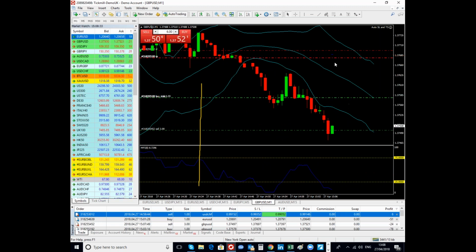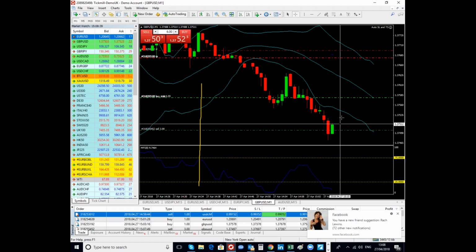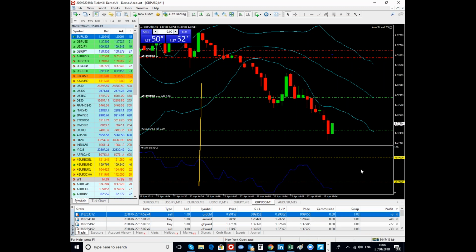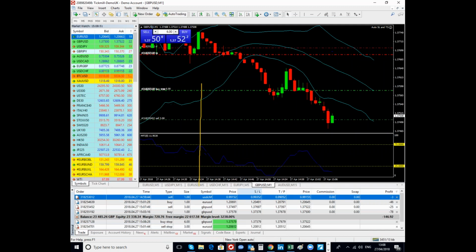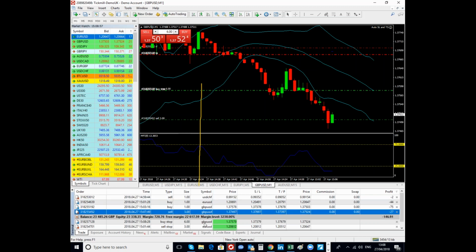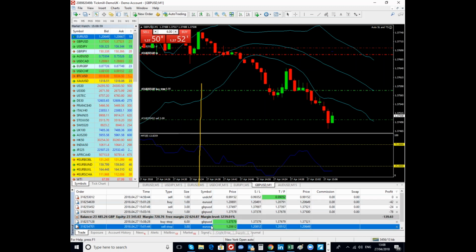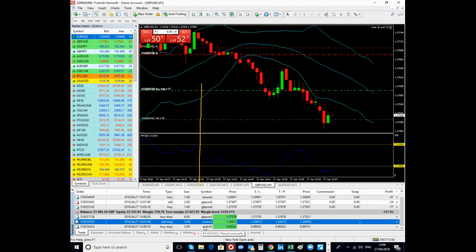Because then, if I'm wrong on this falling the way it is, I'll take it on the way back up. You see. So pound dollar has opened up two positions, one hedge. Euro dollar, one hedge. Dollar Swiss, one hedge there.